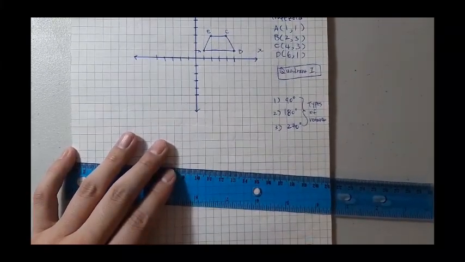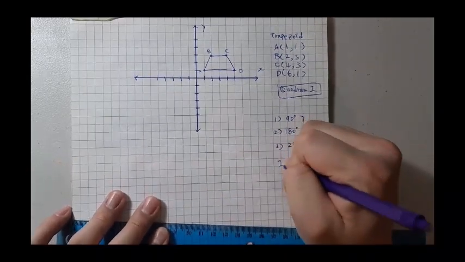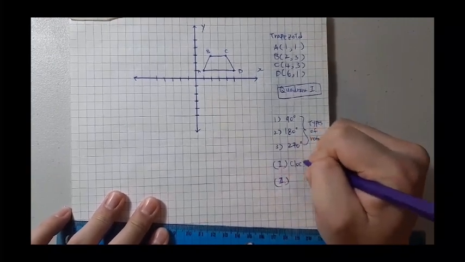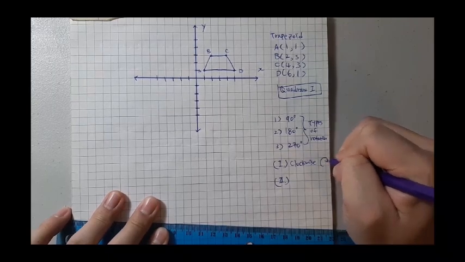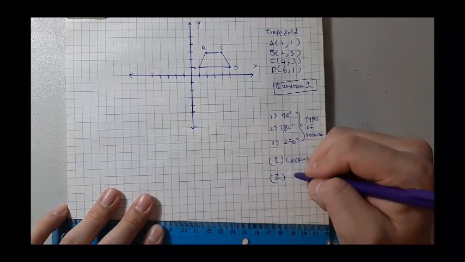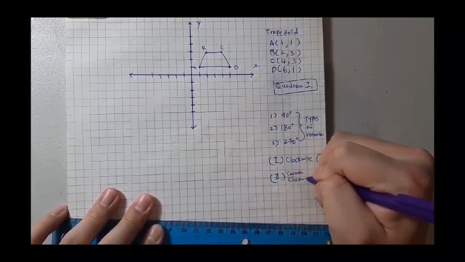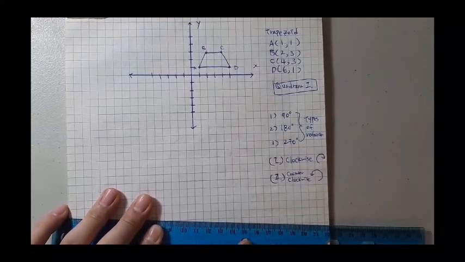When it comes to the direction of rotation, there are 2 also. Type number 1, type number 2. One is clockwise. As you may know, clockwise goes this way. And the other is known as counterclockwise, which is the other way around.